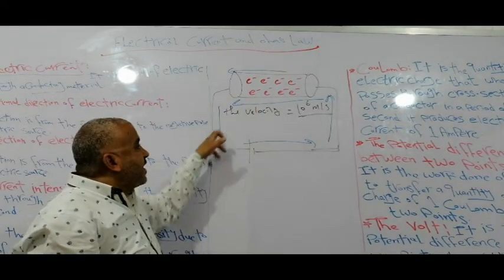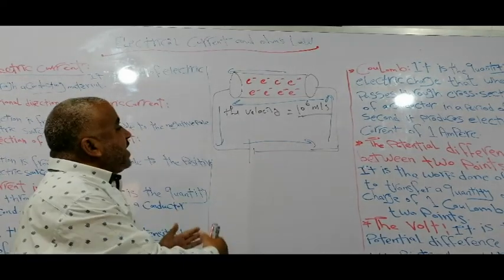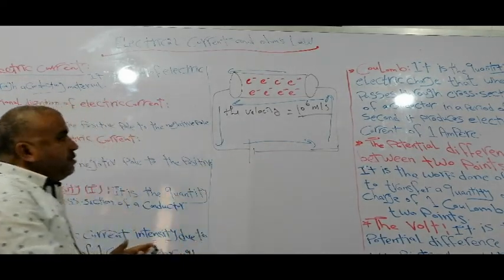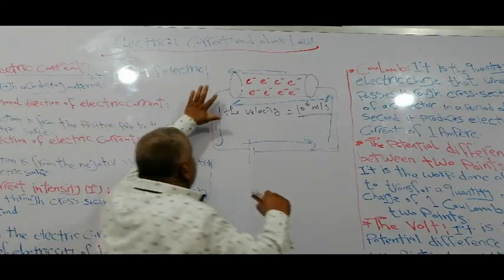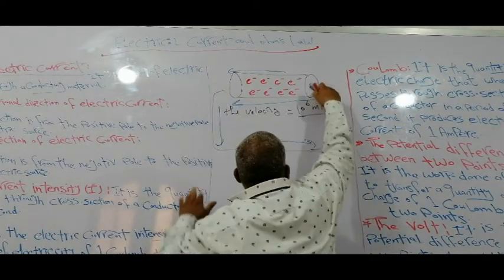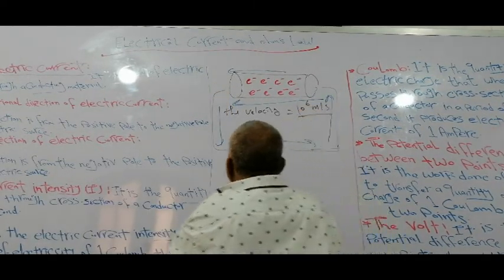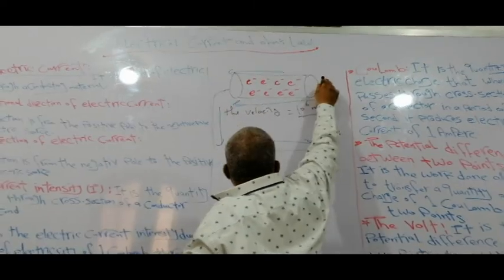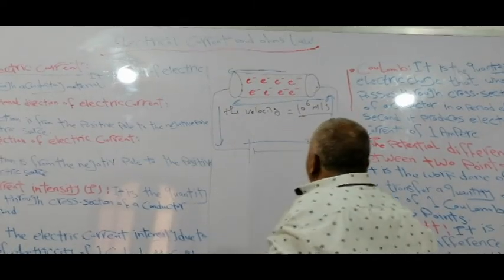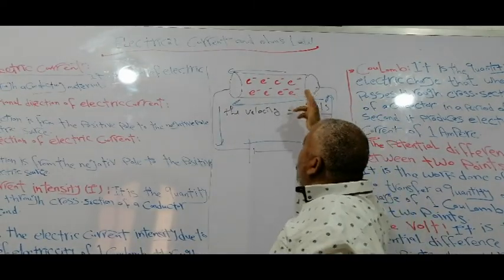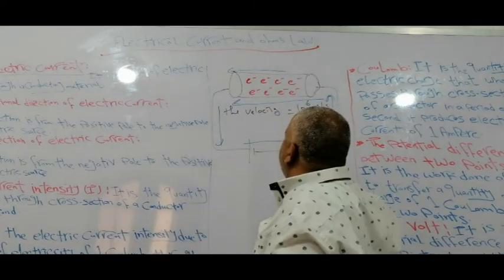We have current in this case. If we disconnect the battery, we have no current. When we connect the battery, we have a current, and the direction of the electrons is in this direction.